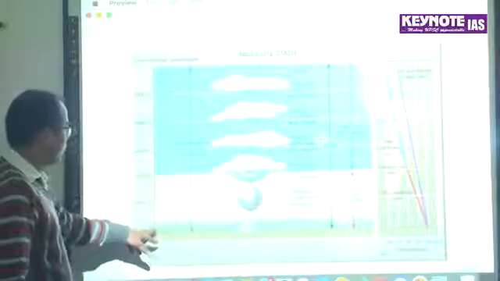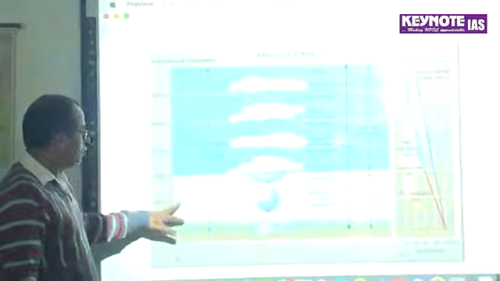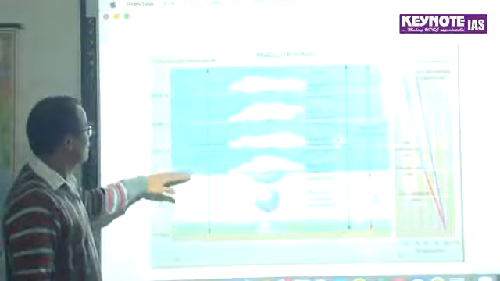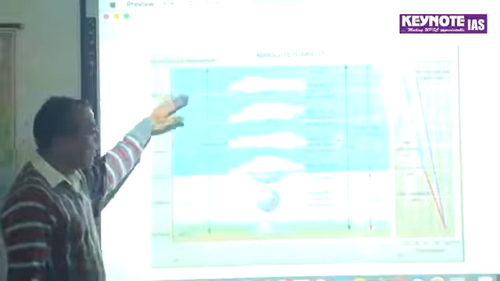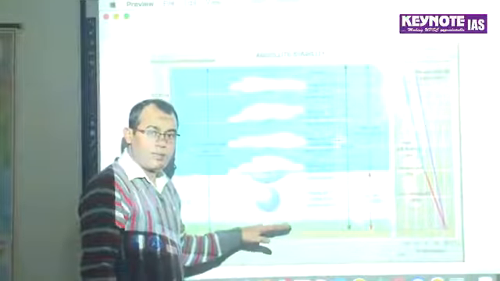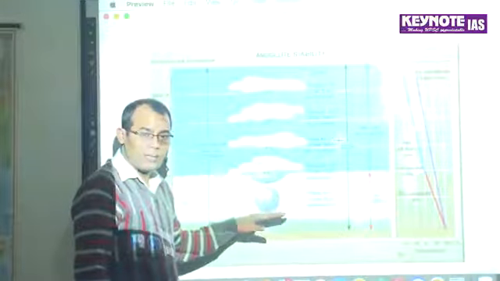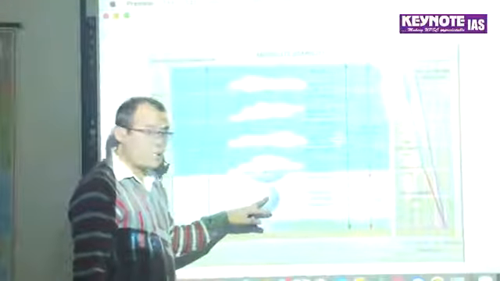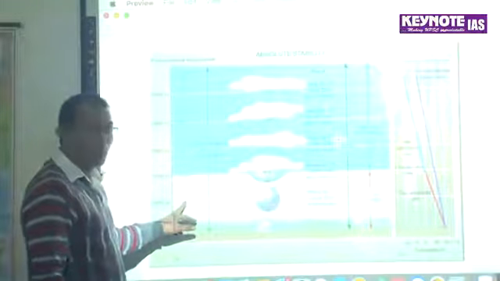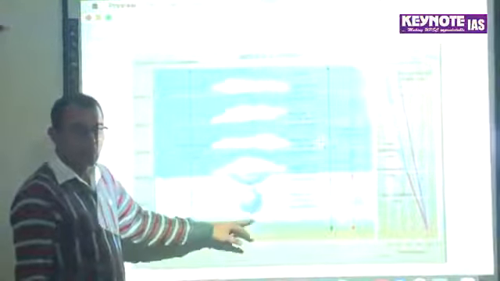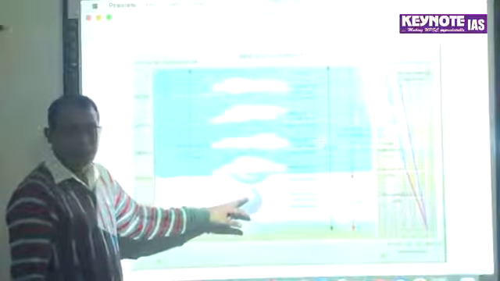They have given the example of 20 degrees Celsius at the ground, and 5 degrees Celsius per kilometer is the decreasing environmental lapse rate. So 15, 10, 5, 0, minus 5. Now a rising parcel of air, when it is dry, the rate of decrease will be 10 degrees Celsius per kilometer. So when on the ground it is 20, at 1 kilometer it is 10 degrees, whereas here it is 15. So surrounding air is warmer as compared to the rising air. Expansion cooling, adiabatic cooling: initially it will cool down at the dry adiabatic rate.